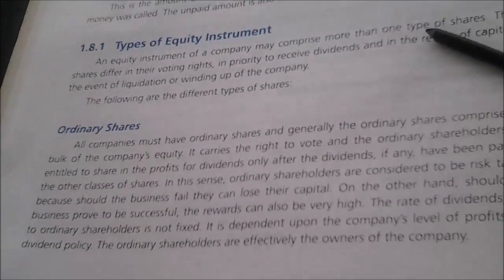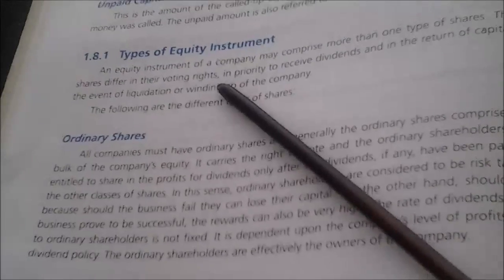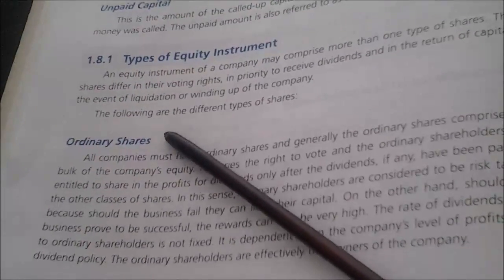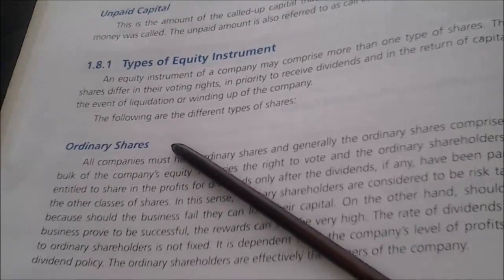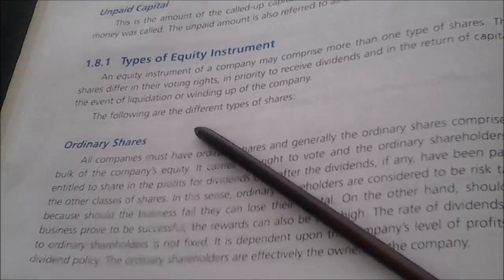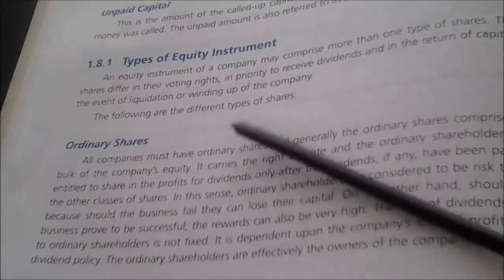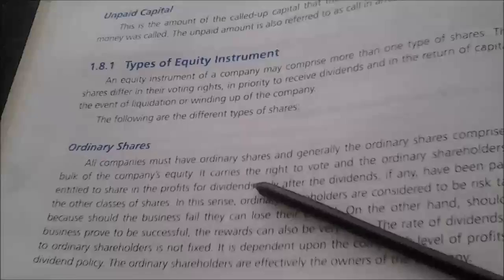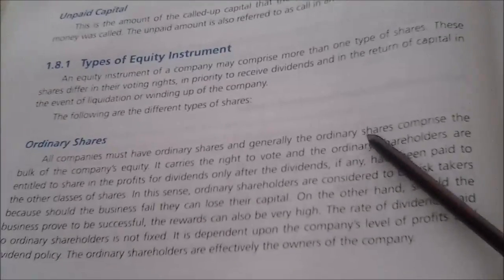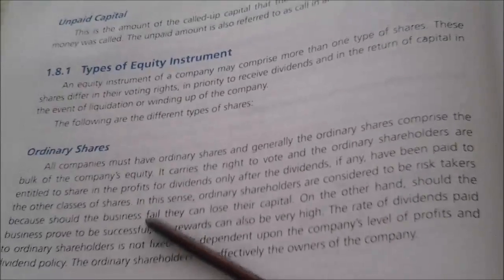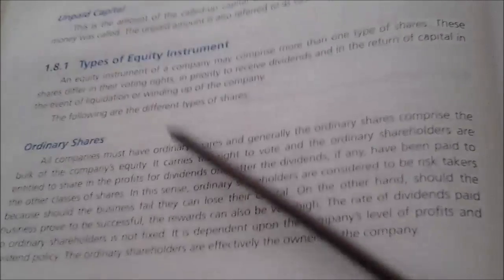If you use a different book, you might not see ordinary shares, you might see common stock. All companies must have ordinary shares, and generally the ordinary shares comprise the bulk of the company's equity.